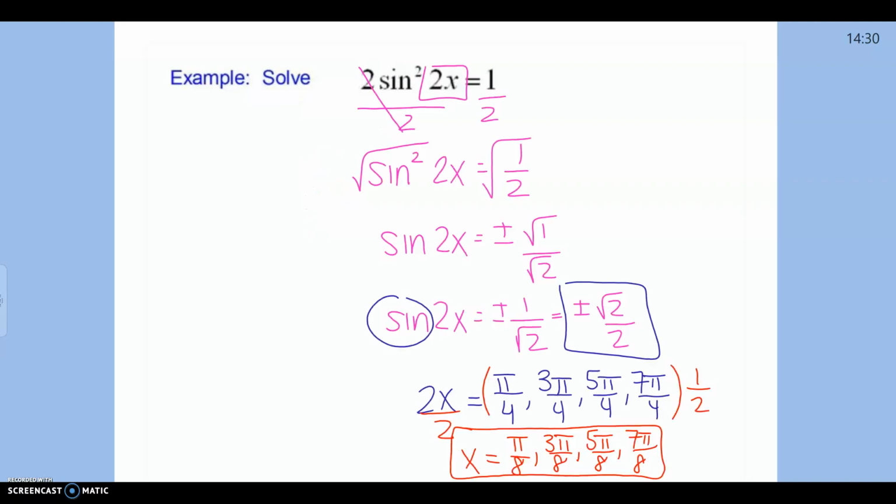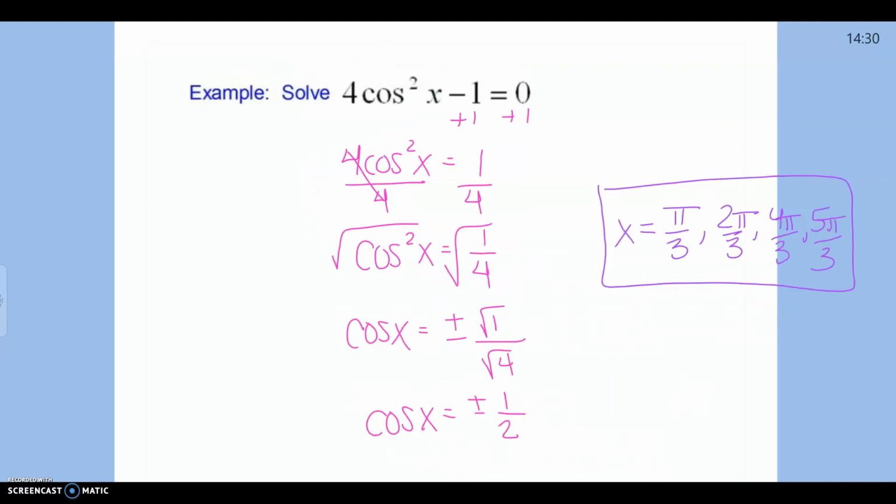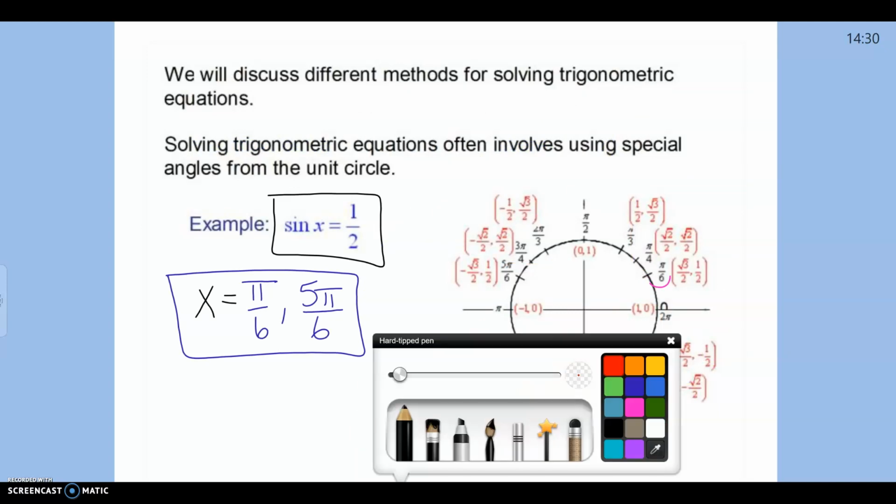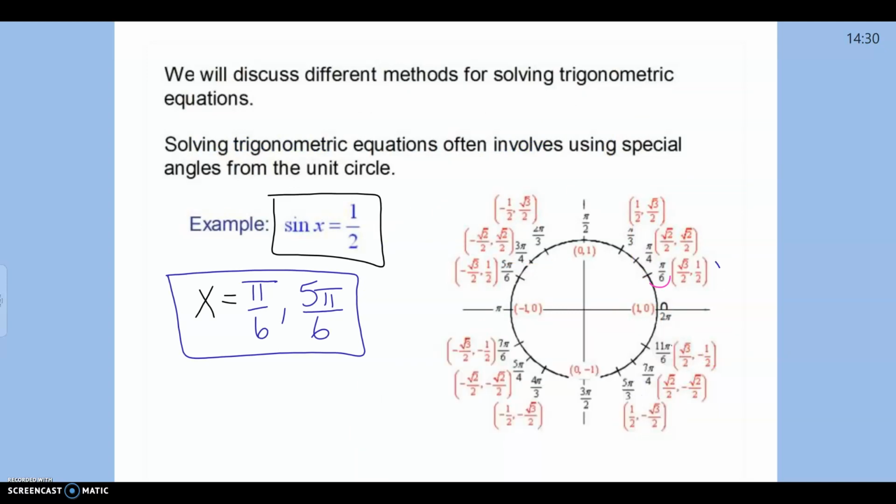Now, this is where it's helpful if you memorized your tangents from back in the day, okay? So if you memorized your tangents, which is something I hope you did, you should memorize that your tangent here is square root of 3 over 3, this is 1, and this is square root of 3. This is negative square root of 3, negative 1, negative root 3 over 3, square root of 3 over 3.